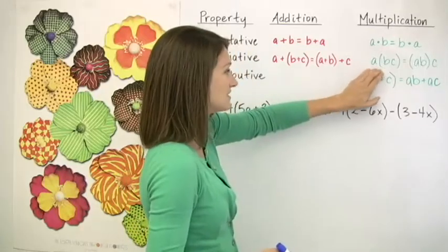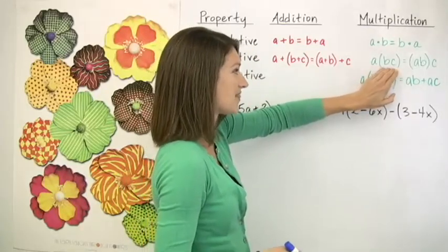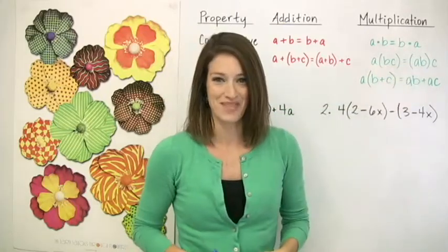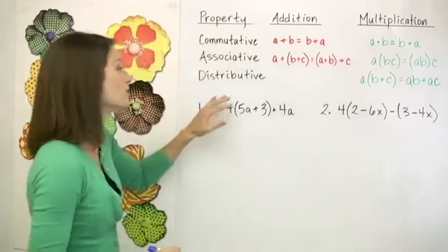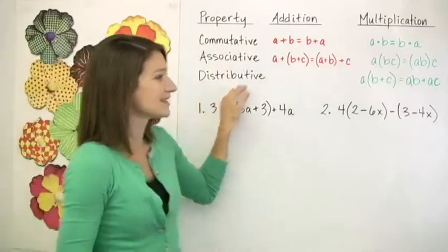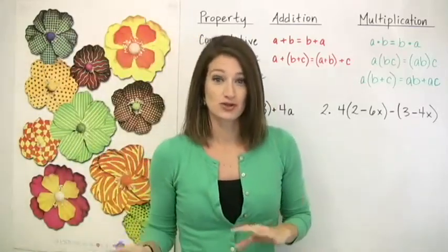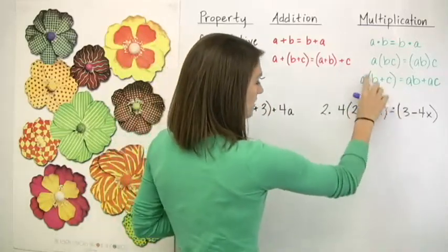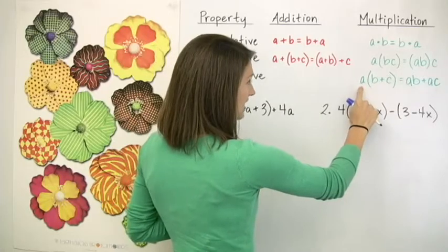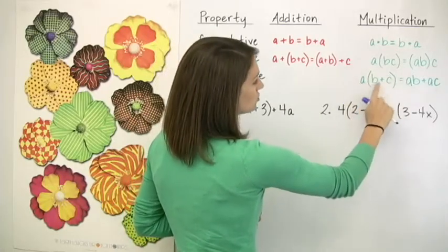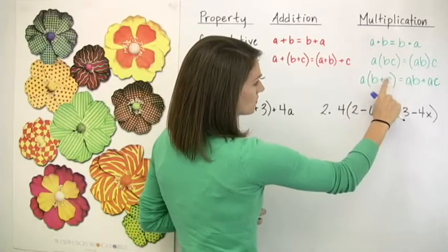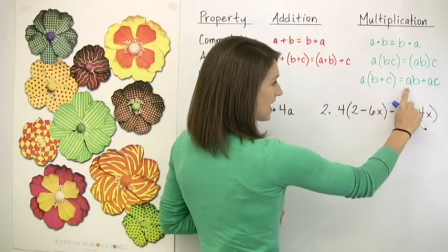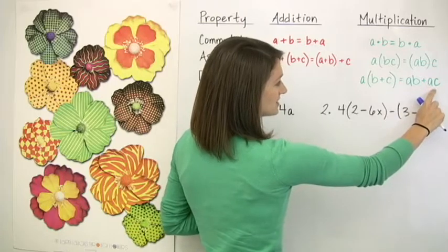So we have A times the product BC, that is equal to the product AB times C. Now our third property is called the distributive property, and this states that multiplication distributes over addition. So if we have a number outside a sum here, our number is A, this will distribute over each term within this sum. So this A times the sum B plus C becomes AB plus AC.